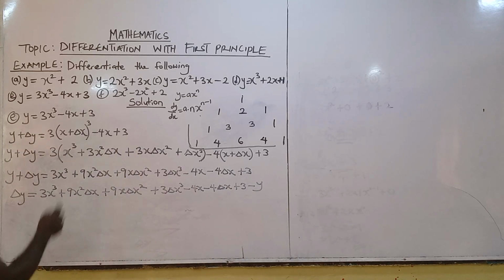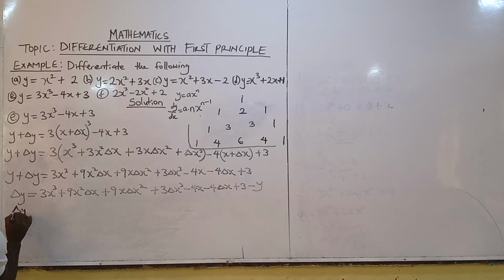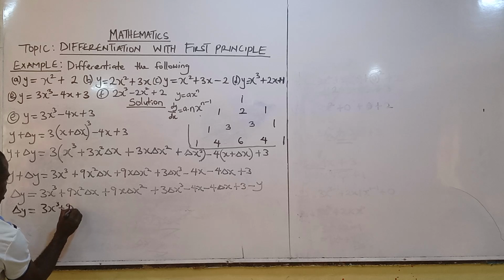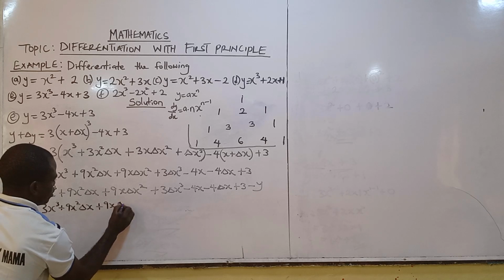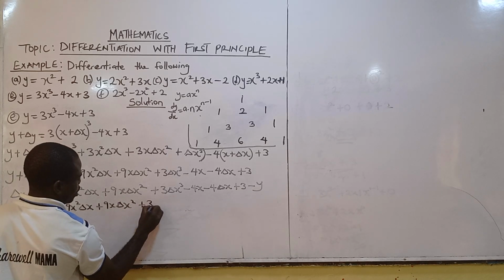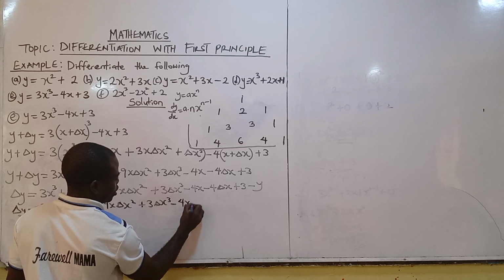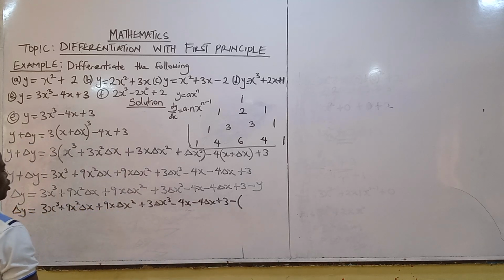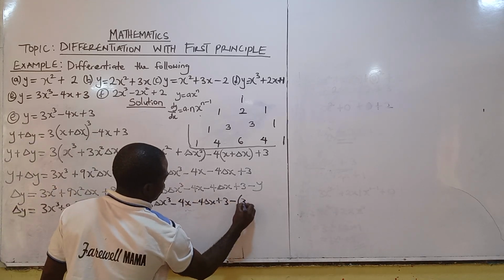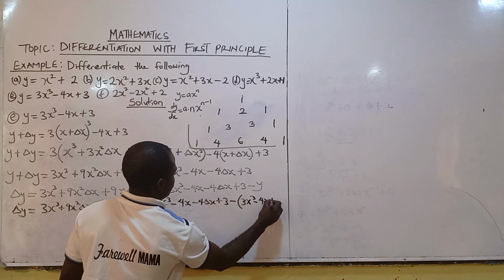Minus y, go to the other side. So having dy will be equal to 3x cubed plus 9x squared dx plus 9x dx squared plus 3 dx cubed minus 4x minus 4 dx plus 3 minus, open the bracket, what's the expression for y? That's minus 3x cubed minus 4x plus 3.